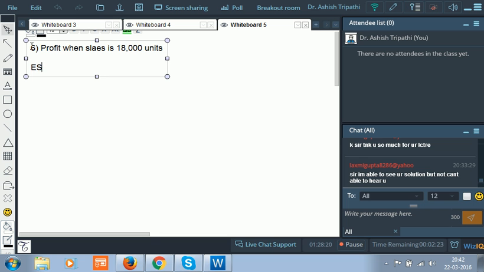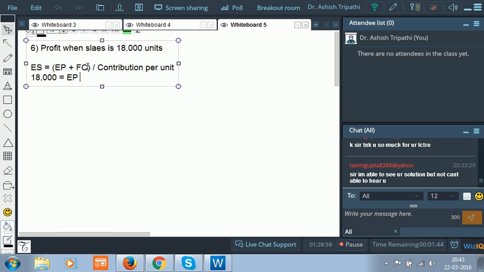Now here we want expected profit. So expected sales is equal to expected profit plus fixed cost upon cost per unit. It's not cost per unit, it's contribution per unit. Why we are taking contribution per unit? Because sales is given in units.